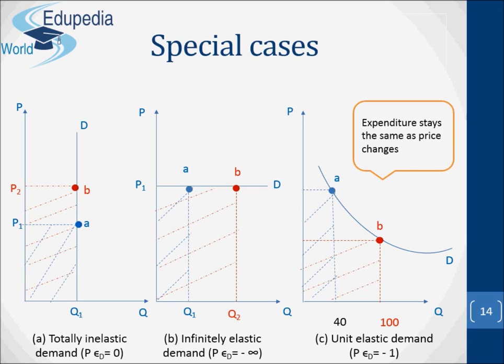Infinitely elastic demand is shown by a horizontal straight line. At any price above P1, demand is 0, but at P1 or any price below, demand is infinitely large. This seemingly unlikely demand curve is in fact relatively common for an individual producer. In a perfect market, as we have seen, firms are small relative to the whole market, like the small-scale grain farmer.